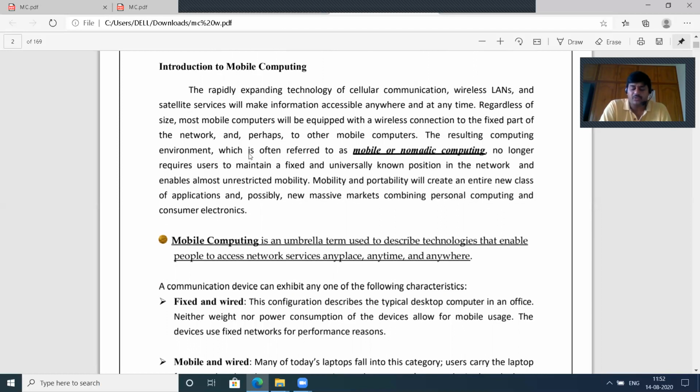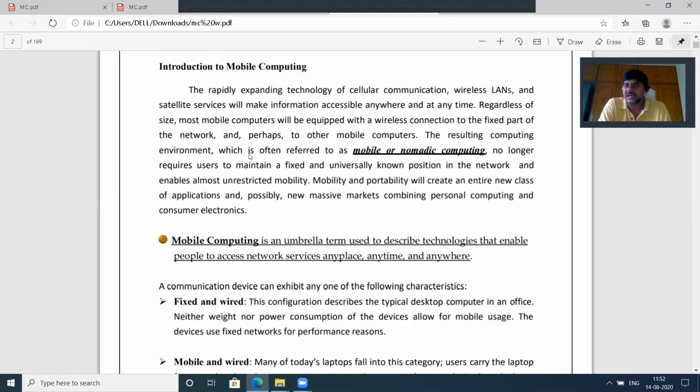By using these services, we can access the services anywhere at any time, regardless of the size. These mobile computers are equipped with wireless. The main advantage of these mobile computers is that they are wireless computers. Mobile computing can enable users to access network services.